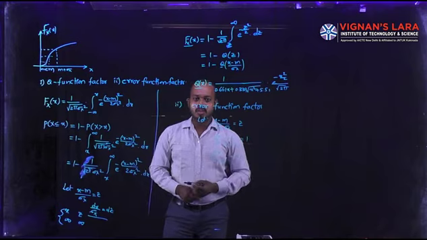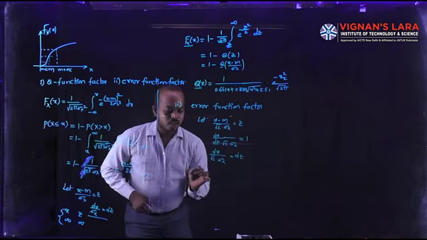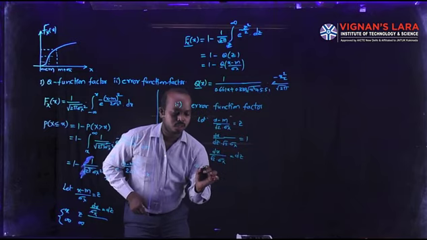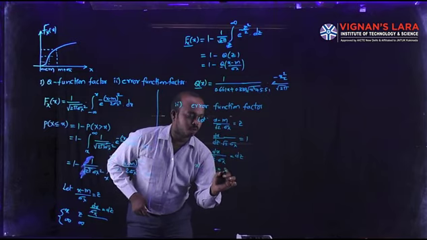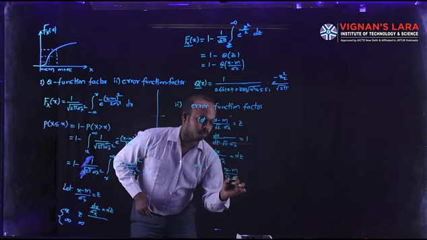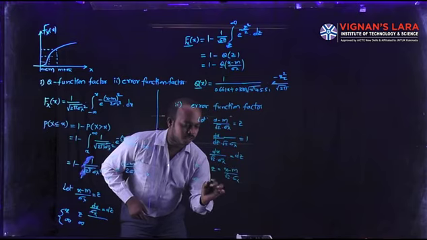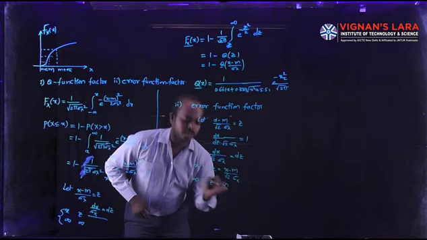Then you can change the limits of x to z. For the lower limit x, z is equal to x minus m divided by square root of 2 sigma x. For infinity, the z value also goes to infinity.